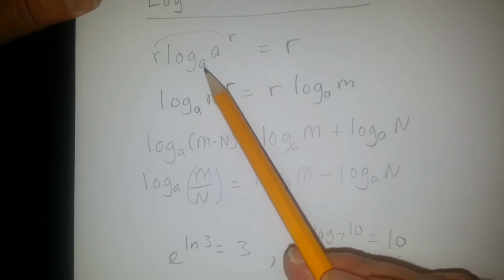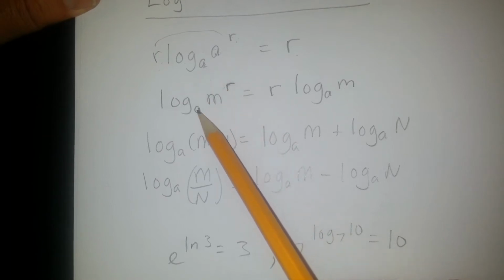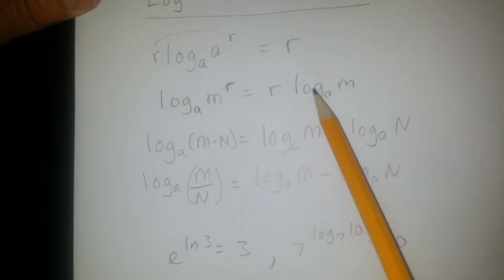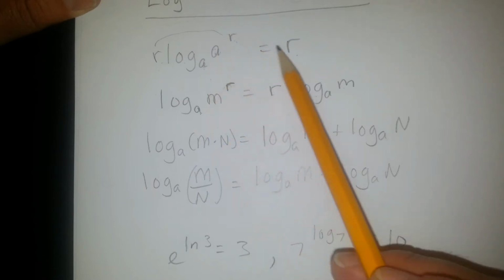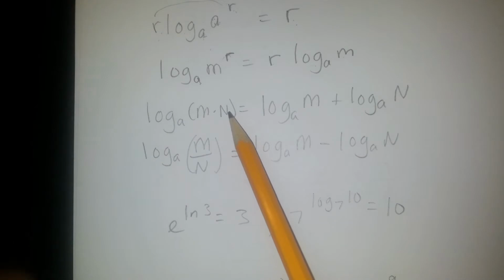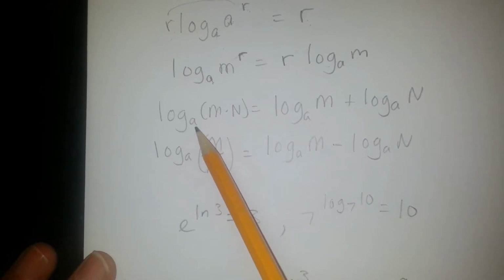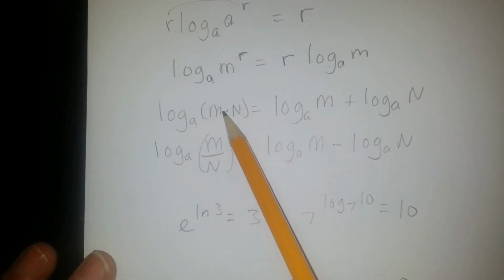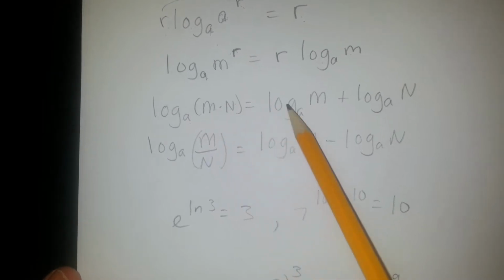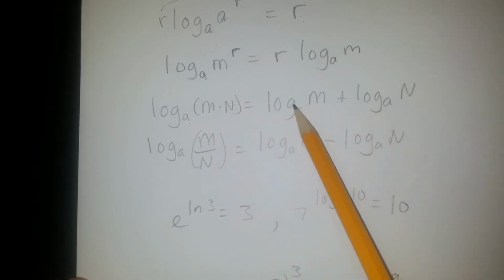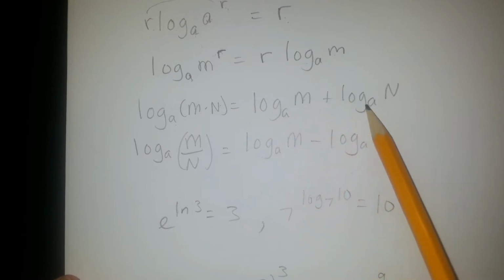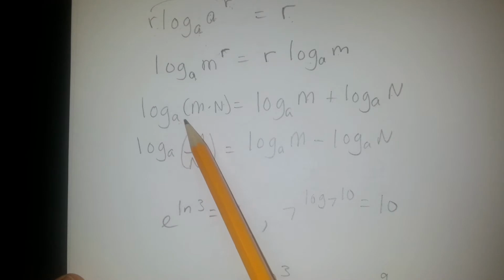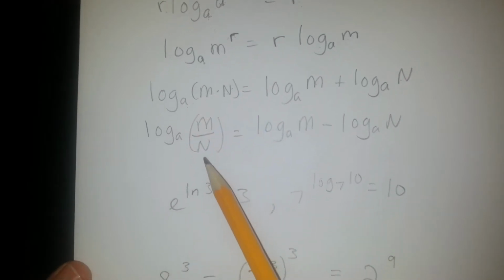Anytime you have an exponent, that can come down in front. Anytime your base and the input are the same, the answer is the exponent. We've gone over this a bunch. Anytime you have a log of two factors, like m times n, they can be rewritten as the sum of the individual logs of each factor. Log base A of m plus log base A of n is the same as log base A of m times n.